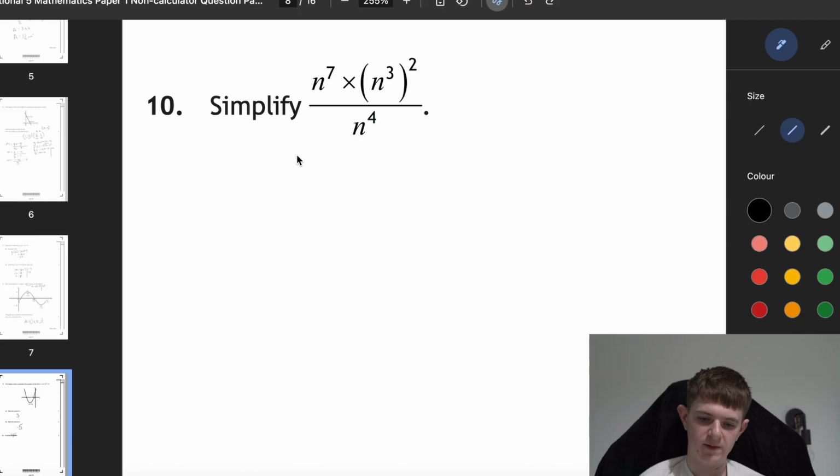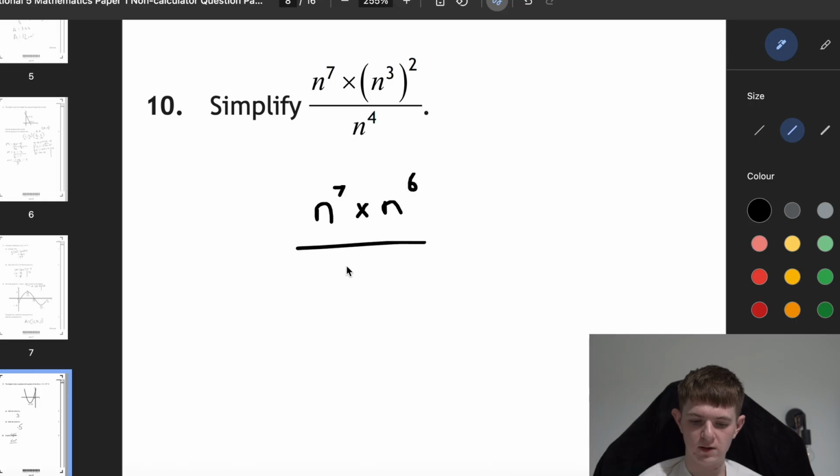In the bracket, you know BODMAS, we always do brackets first. We're going to get n^7, of course, times by whatever we get for this bracket. So 3 times 2 is going to get us 6. So you get n^7 times n^6 divided by n^4. Again, BODMAS, you could do the divide if you wanted to.